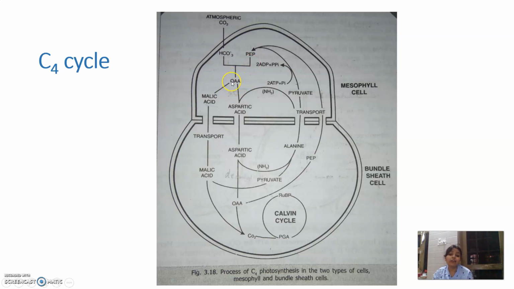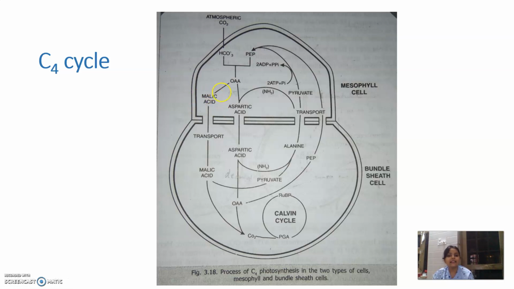The oxaloacetic acid is converted into the malic acid and the aspartic acid. These are both C4 acids. From here, this C4 cycle has got its name. That's because malic acid is the C4 acid, which is the first stable product of this C4 cycle.